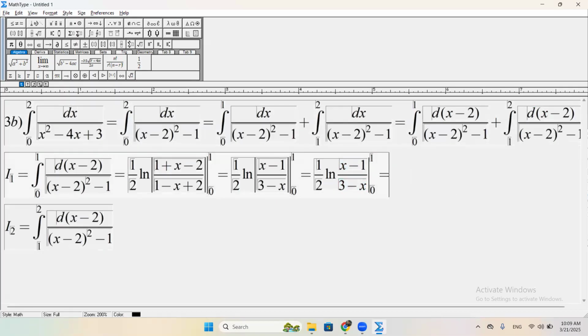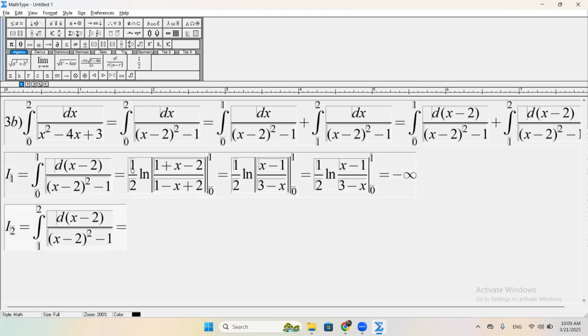Now when the argument of the logarithm approaches 0, the logarithm approaches minus infinity. For 0, no singularity, but we have minus infinity in this answer.